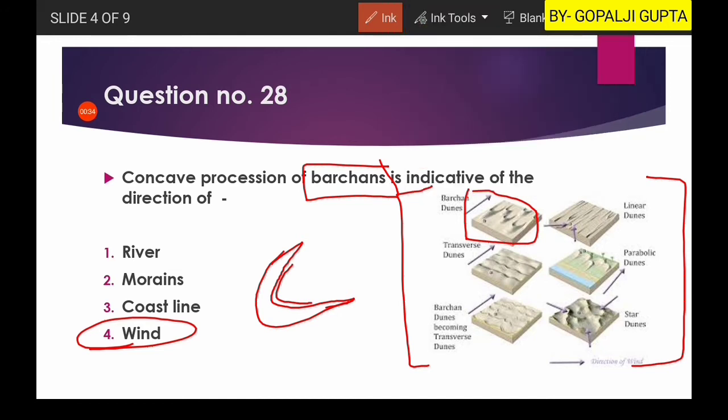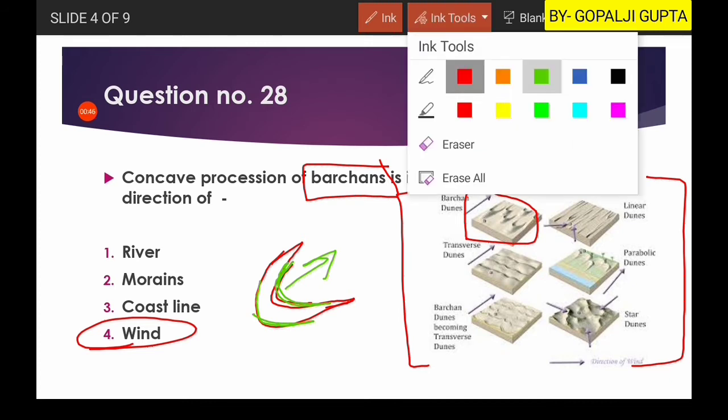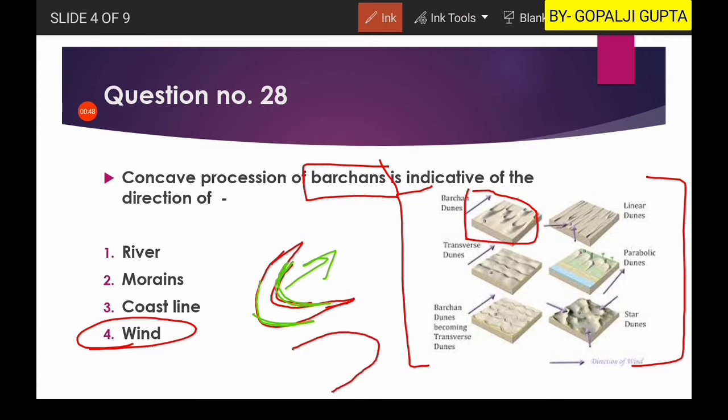This is the concave side and this is the convex side. The concave side always denotes the direction of wind, while the parabolic dunes are just opposite of these barchan dunes, in which the convex side shows the direction of wind.